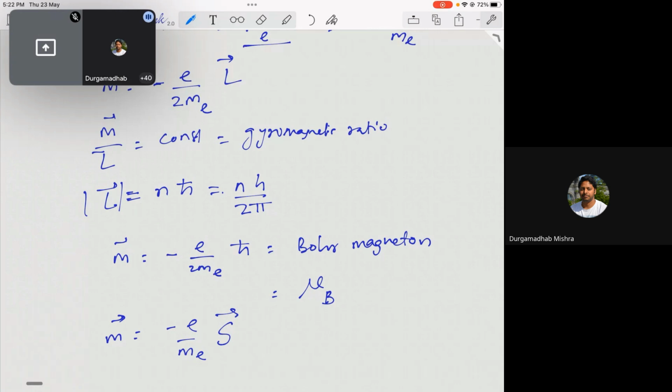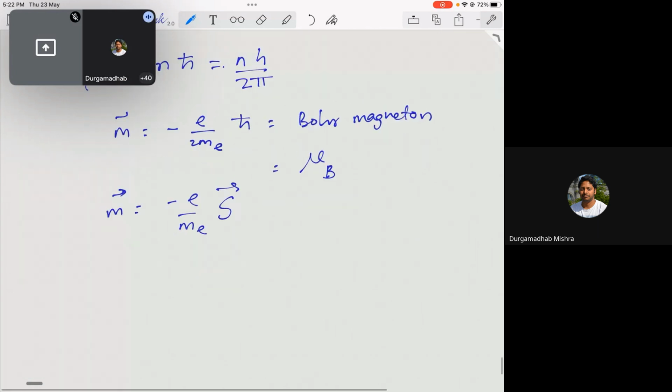So this is about the magnetic moment of one electron. But in an atom, you have many electrons, and when we talk of a material, there are many electrons. So you basically have to add all these magnetic moments. Since each is a vector, you just add them to get the total magnetic moment.